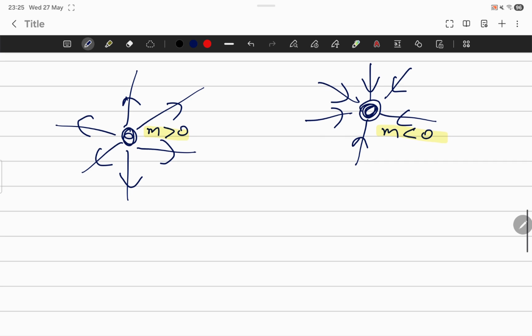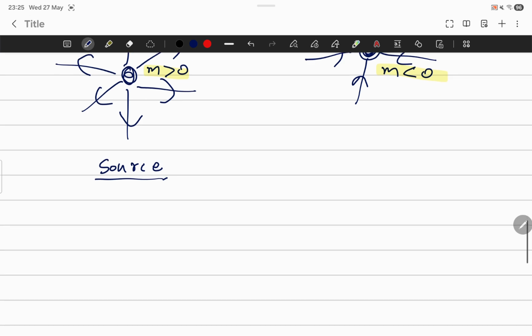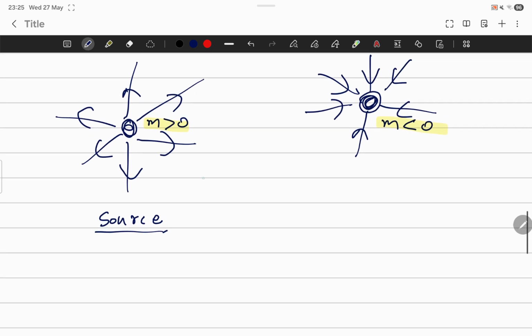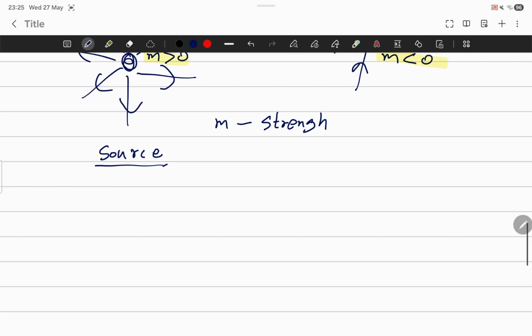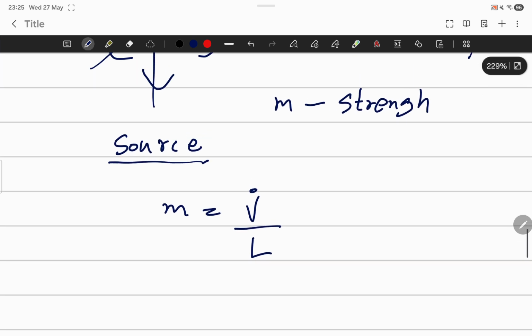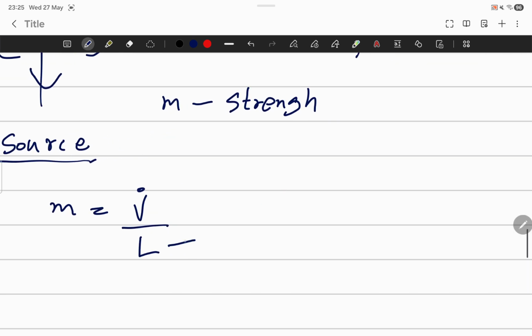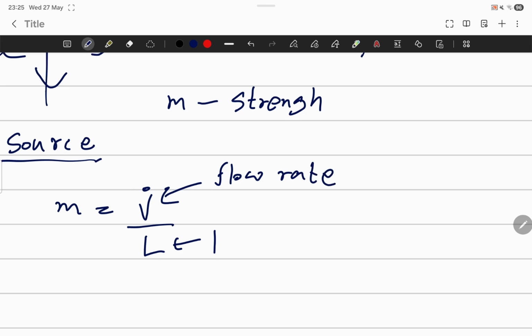So now I'm considering a source, right? So what is the strength of the source, right? m is the strength, right? So I can define the strength as flow rate over unit length, right? So if I consider this as 1, so this should be flow rate, right?